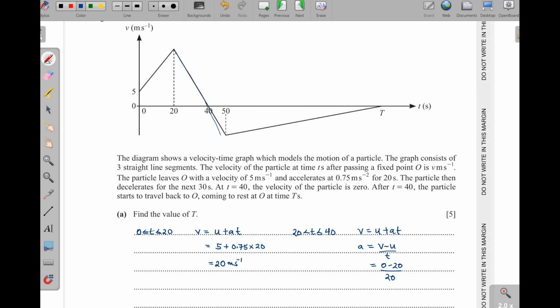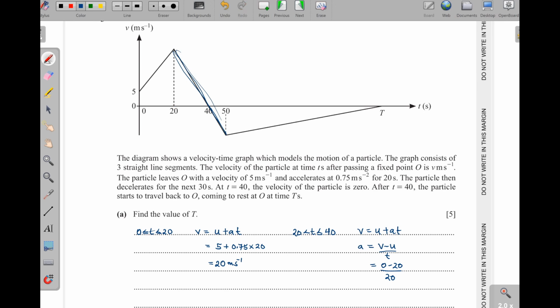Since this one is a straight line, the gradient of a straight line is always constant. So it is the same deceleration. From here up to here is all the same deceleration. I didn't consider the time interval from 20 to 50, which is 30 seconds, because I don't know this value here. So I used this one here in order to get the deceleration, this being a straight line.